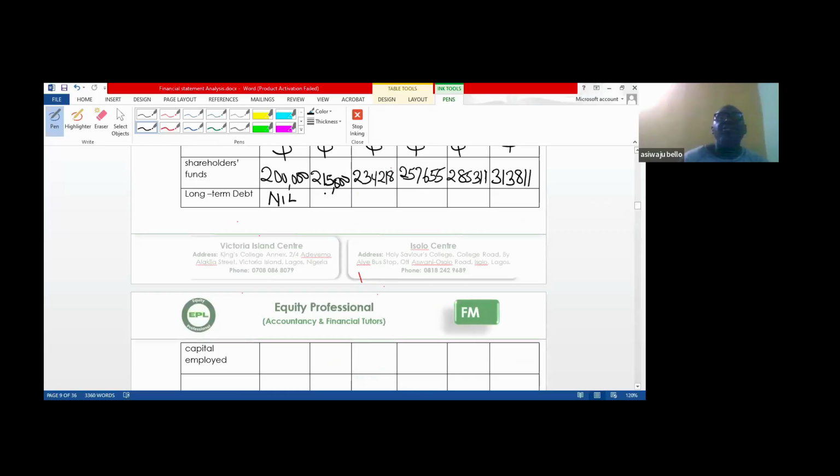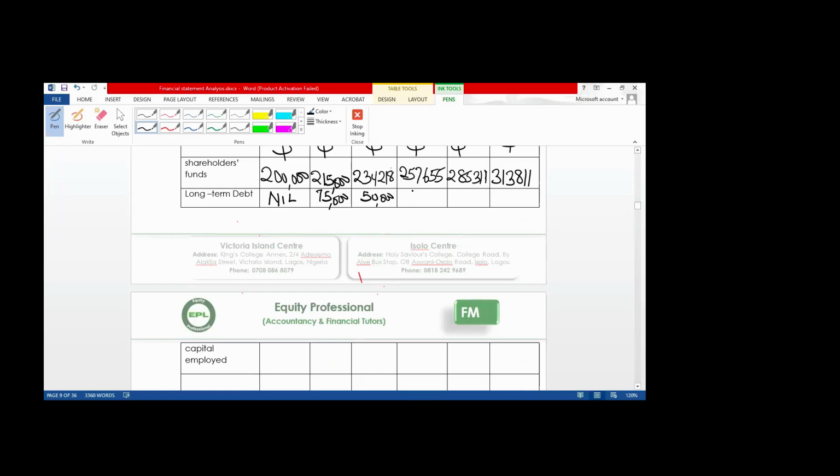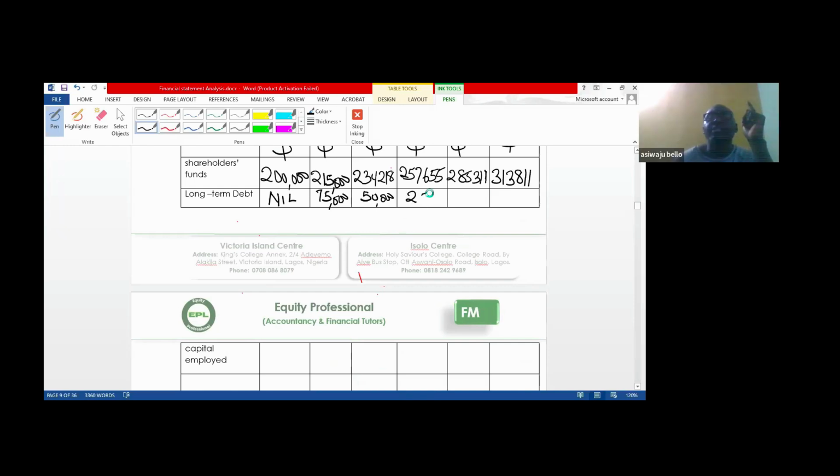Debt here, 75,000. At the end of year 2, $50,000. At the end of year 3, $25,000. Year 4, nil. Year 5, nil. It is the closing balance that will be taken to your statement of financial position.